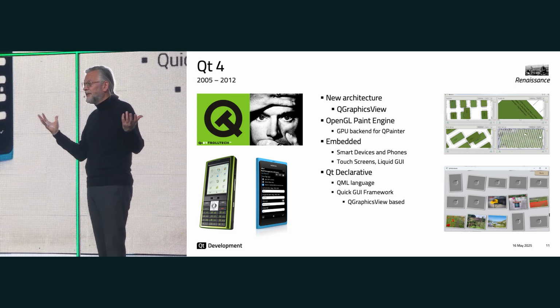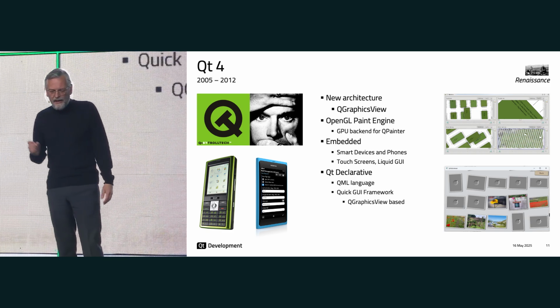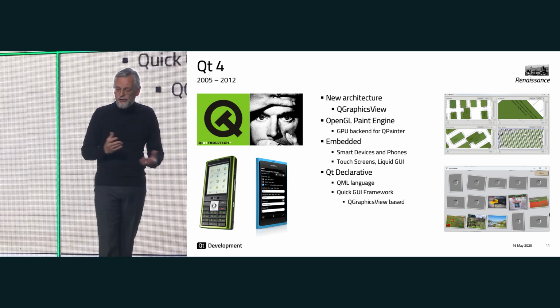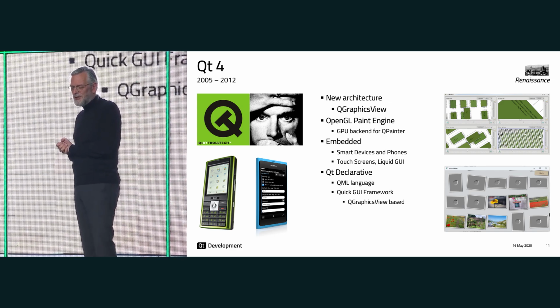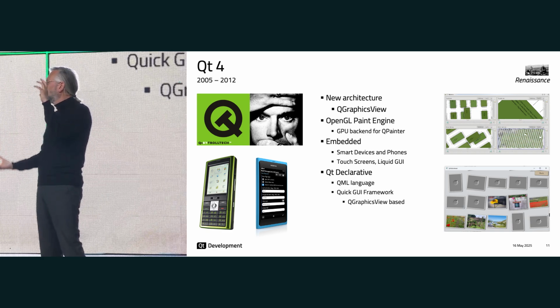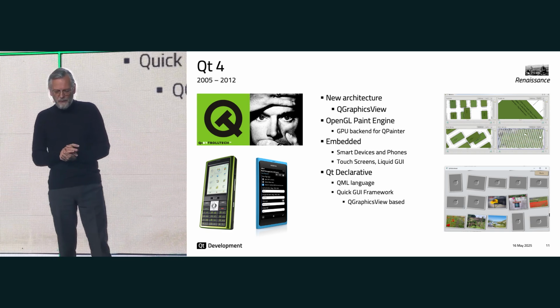With the declarative QML language and the GUI toolkit called Quick, which in this initial version was actually based on QGraphicsView. So Quick actually had the whole widgets and QPainter graphics stack with it.